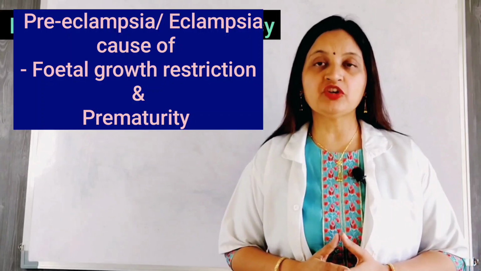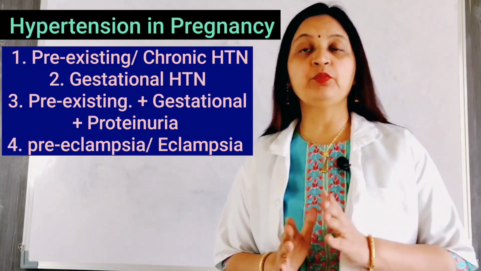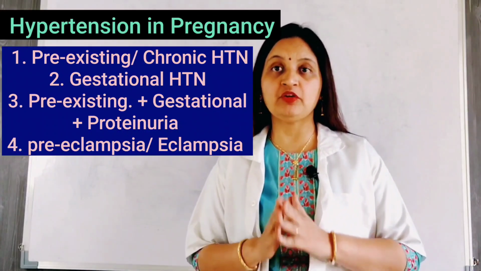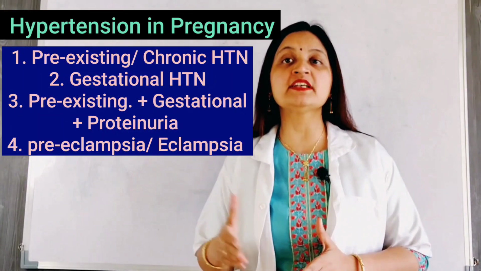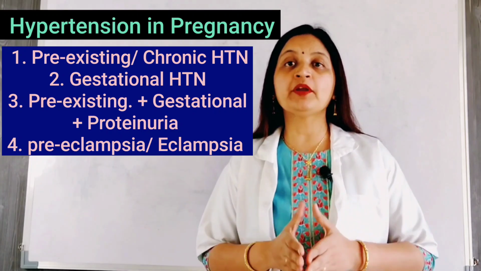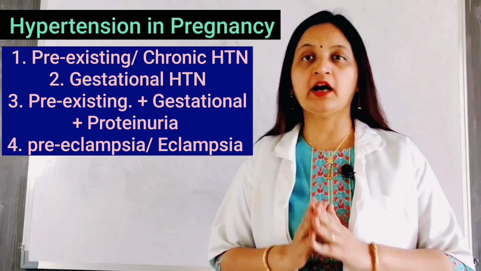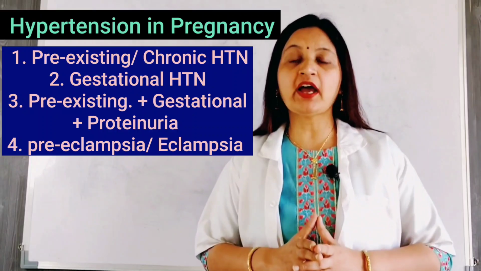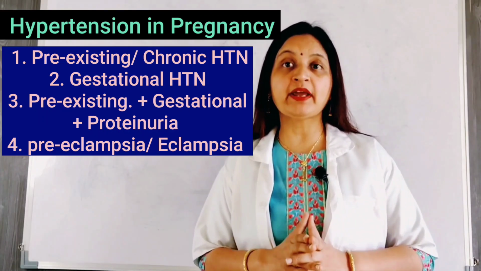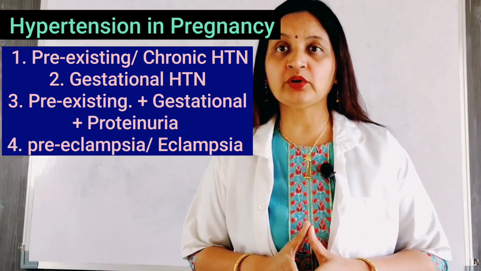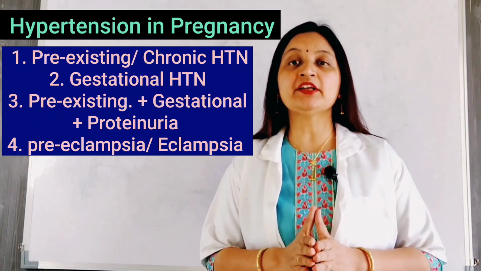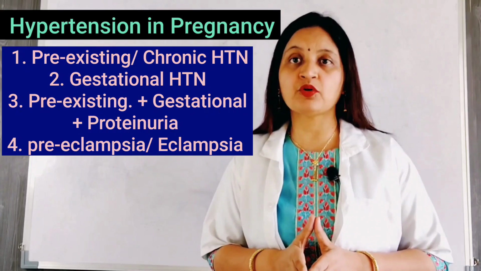In this way, hypertension in pregnancy can be classified as pre-existing or chronic hypertension, where hypertension develops prior to pregnancy and continues 6 weeks postpartum and may or may not be associated with proteinuria. Second is gestational hypertension, which develops during pregnancy after 20 weeks of gestation, with absence of protein in urine, and hypertension resolves within 6 weeks postpartum.